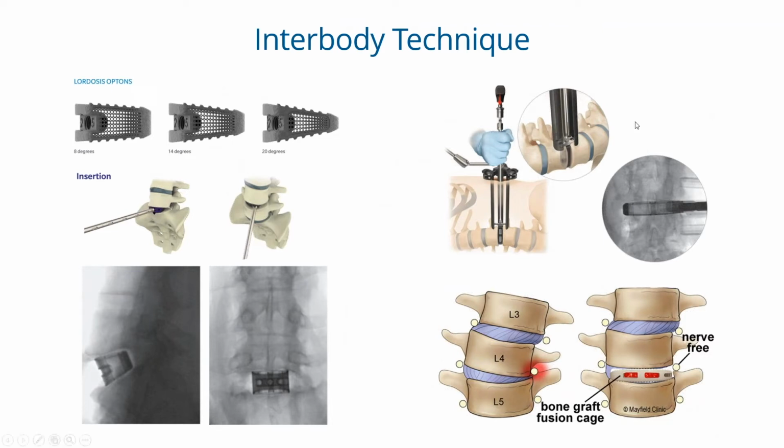Anyway, so going back to our surgical techniques for deformity correction, the first technique that we utilize that gives us a very natural way of correcting the spine is we address the disc, okay? And so we call this an interbody fusion technique, where we take the disc out and we can replace it with one of these cages. These cages have a certain degree of angulation.